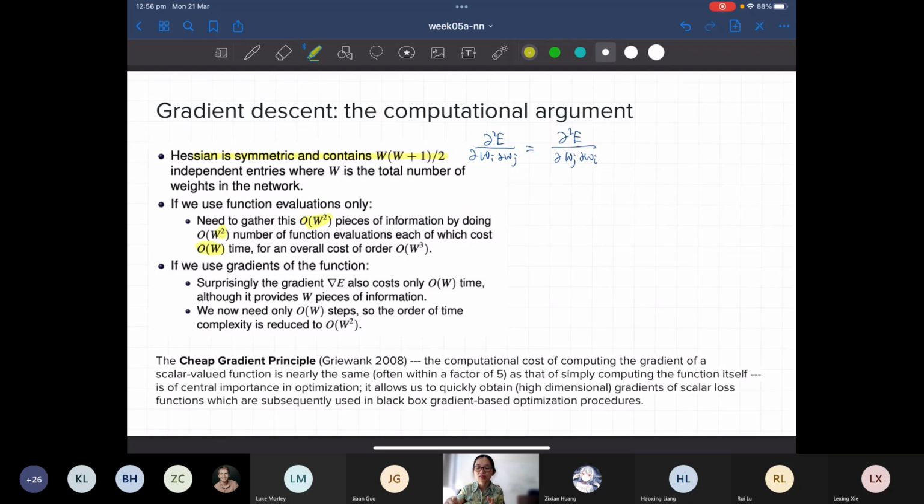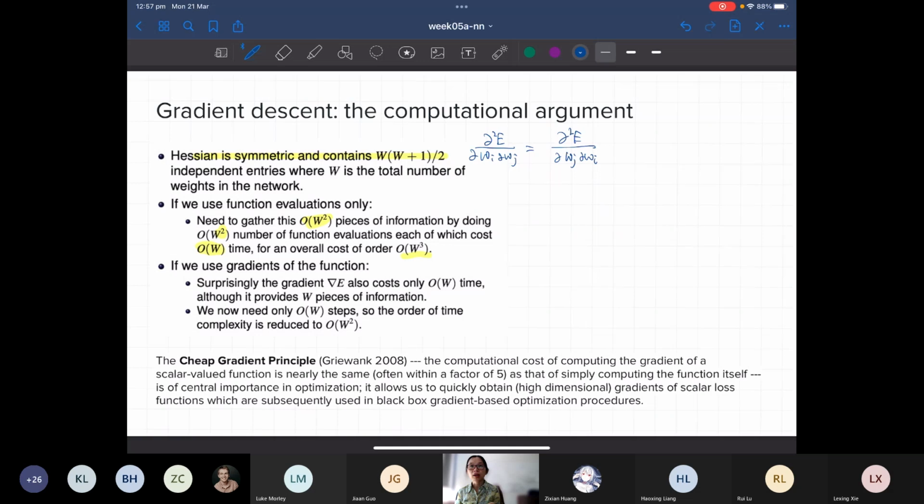So the overall cost is even higher. If we don't use gradients and we want to evaluate a Hessian, this is bad, right? Just think W is in the millions, then we only want to do at most linear and ideally not quadratic.